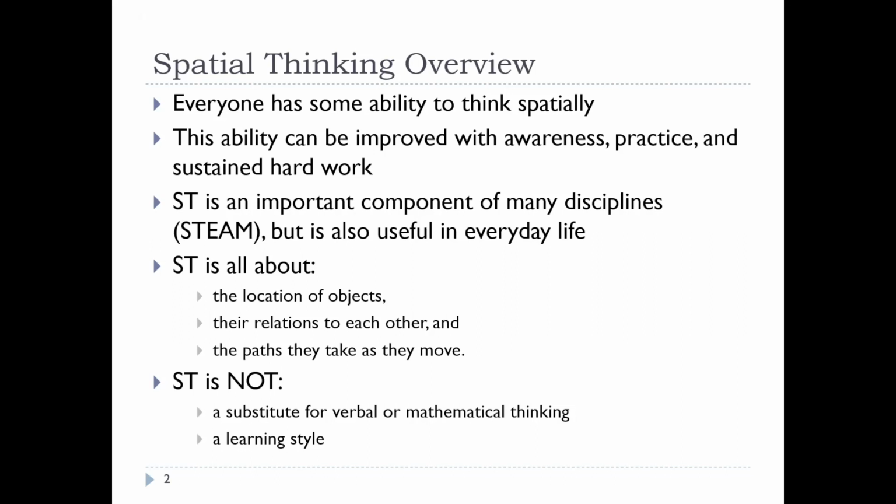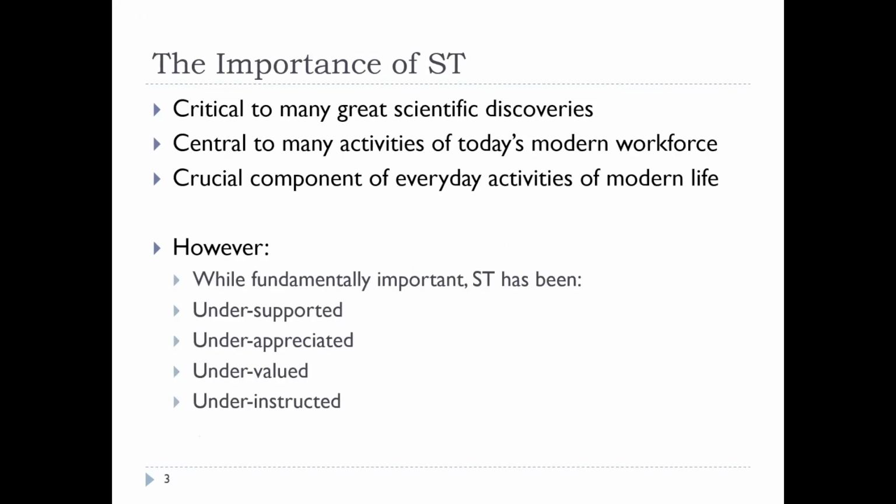Really important to understand that spatial thinking is not a substitute for verbal or mathematical thinking. It's not a learning style. It's something that you want to incorporate. It's another component of thinking that you want to have as part of your everyday life and part of your own specific discipline.